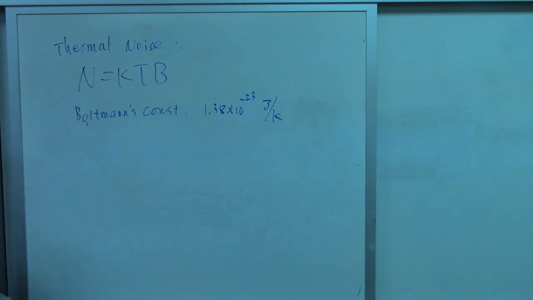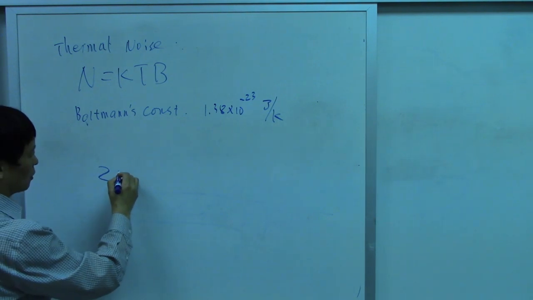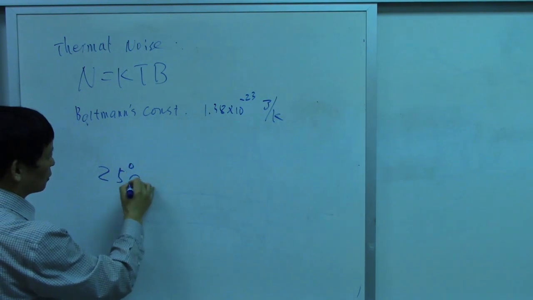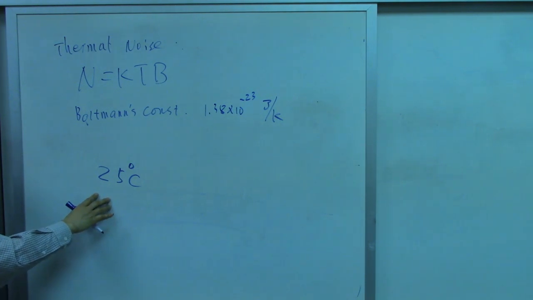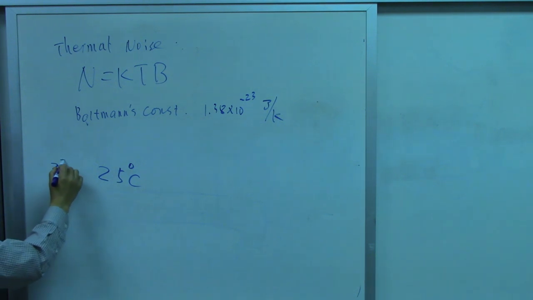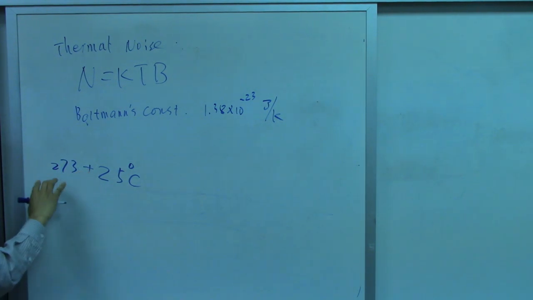How to convert this temperature? For example, this room temperature maybe equals, suppose, 25 degrees Celsius. What is this temperature in Kelvin? Plus 273, right? Point something, but ignore that.